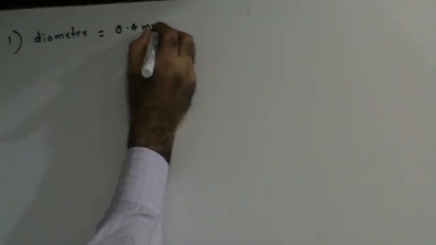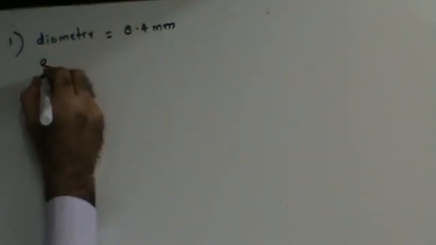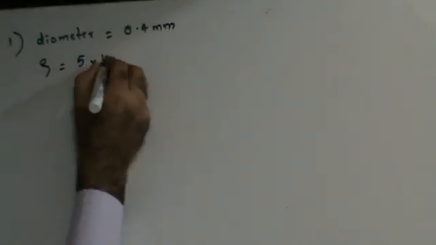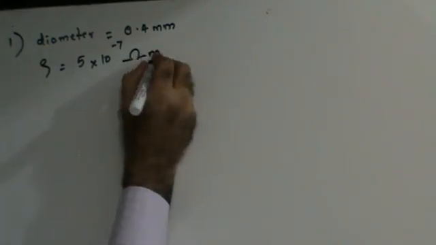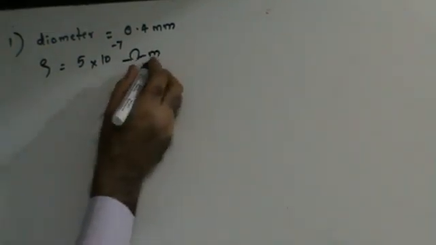A conductor has a diameter of 0.4 millimeters and resistivity of 5 into 10 raised to minus 7 ohm meter.